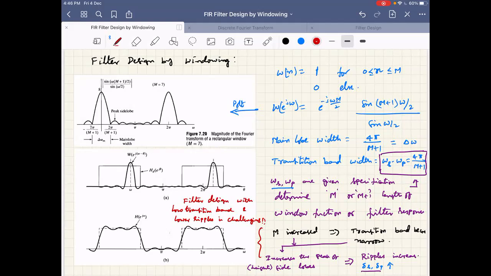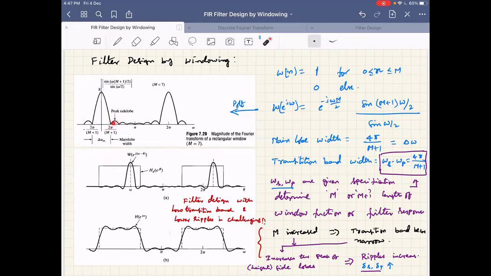So both are in some sense dependent on one another, and there is a compromise needed in the design of filters. With a rectangular filter, whatever we increase, we will not be able to decrease the peak amplitude height with respect to the peak of the main lobe.